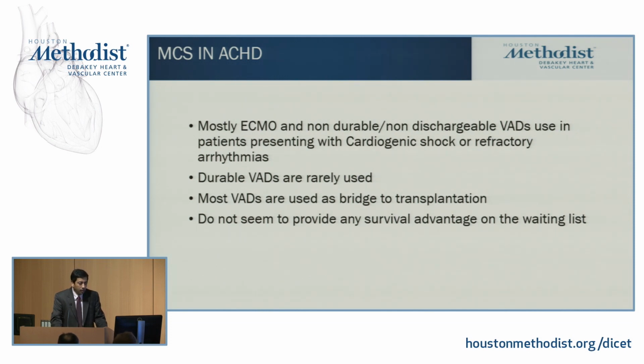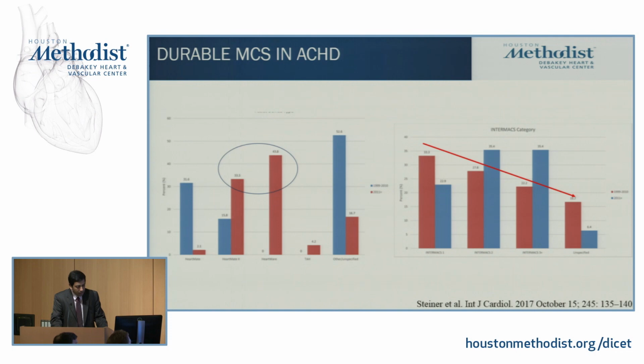So this is from that meta-analysis, which shows, as you see on the graph on the right, that the INTERMACS category has been going down, which means patients are getting VADs sooner and people are not waiting till they get sicker, which is a national trend even with patients with heart failure alone.